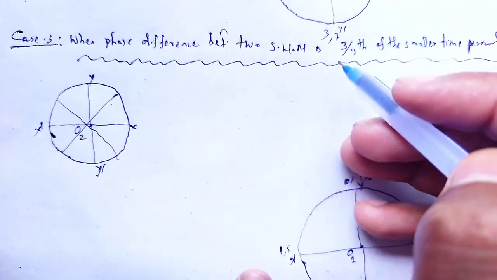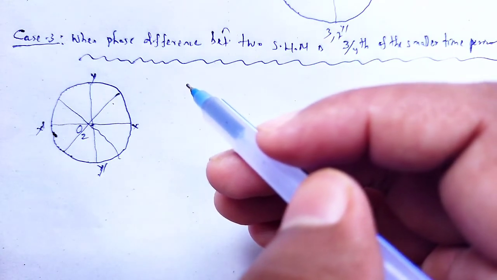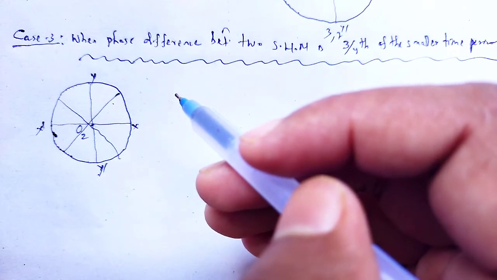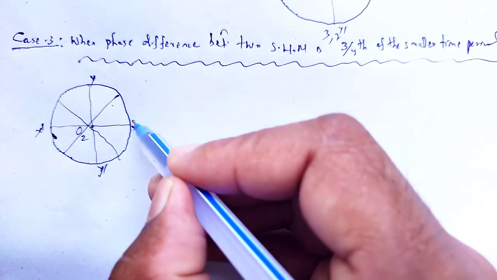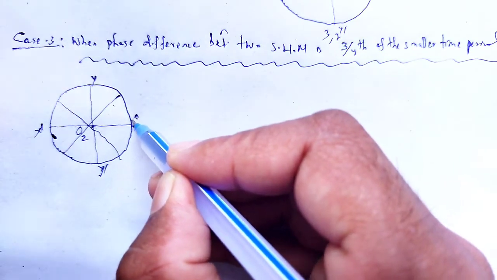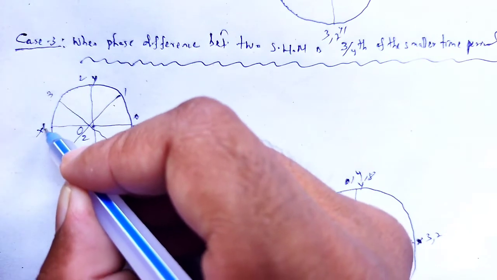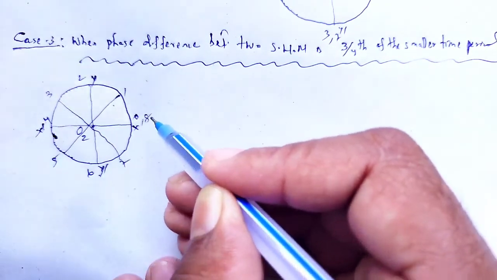Since it is 3/4 of the smaller time period, the position in that case started here: 0, 1, 2, 3, 4, 5, 6, 7, 8.